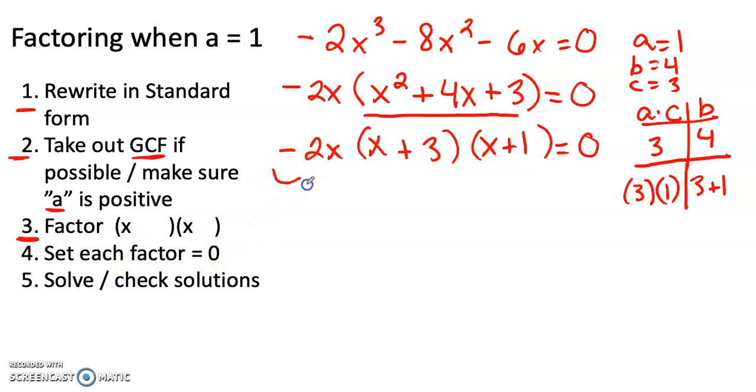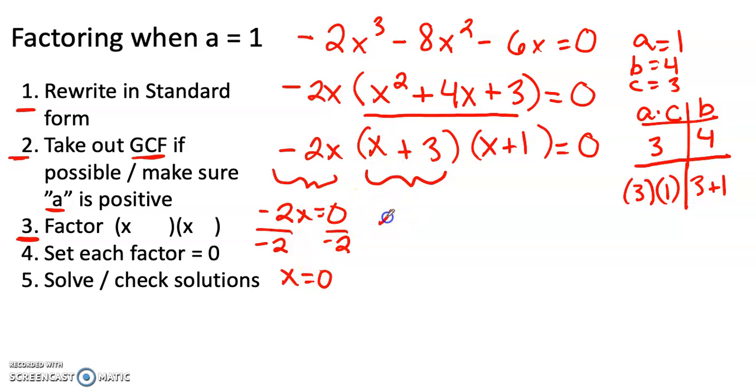Well, I got negative 2x equaling 0. If I divide by negative 2 and divide by negative 2, I get x equaling 0 here. This is a possible solution, x equaling 0. For this one, now I've got x plus 3 equals 0.